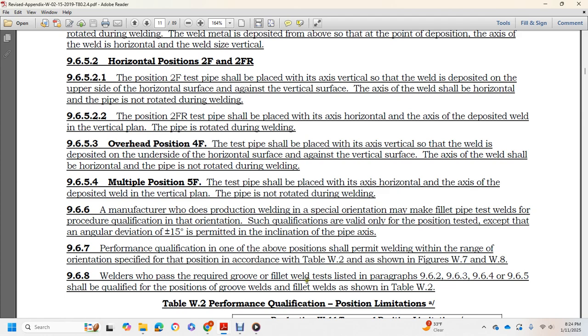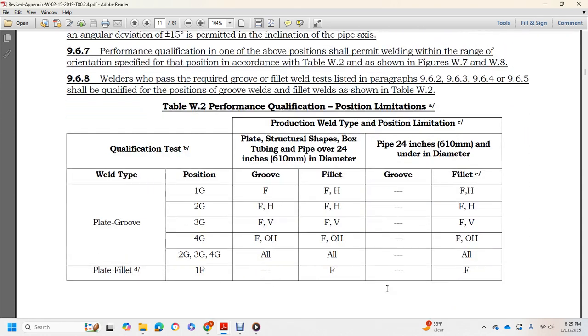Welders who pass the required groove and fillet weld tests listed in paragraphs 9.6.2, 9.6.3, 9.6.4, and 9.6.5 shall be qualified for the positions of groove weld and fillet weld shown in Table 4, W2. So we have the qualification test, welding type: plate groove, 1G, 2G, 3G, 4G. Plate fillets, 1F.